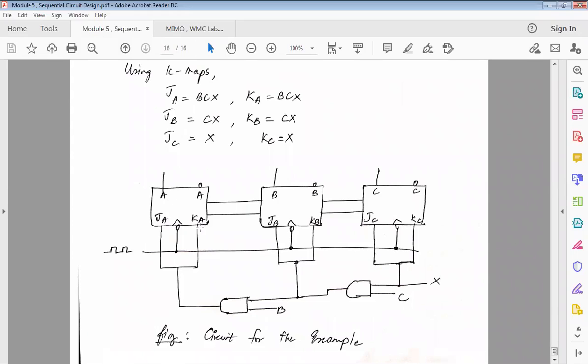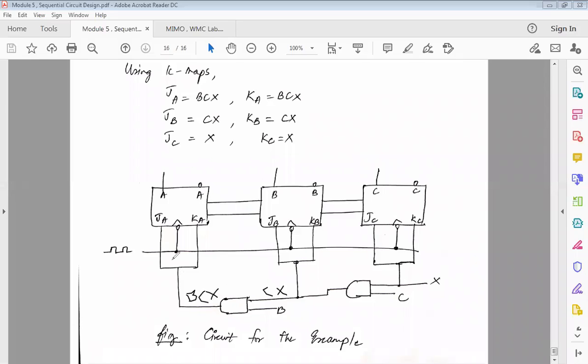Okay, fine. So you have your JA and KA, which is actually connected to DCX. So we will have two AND gates, one for B and the other one for C and X, which multiplies C and X. So the output of this is going to be CX, here it's going to be CX, and here it's going to be B. So totally it's going to be BCX.